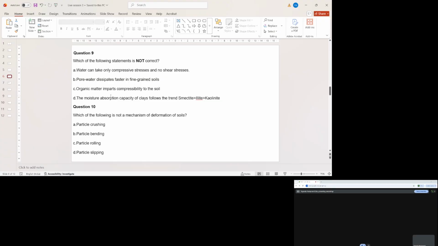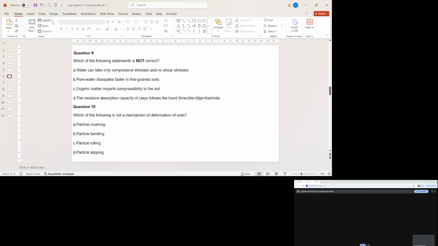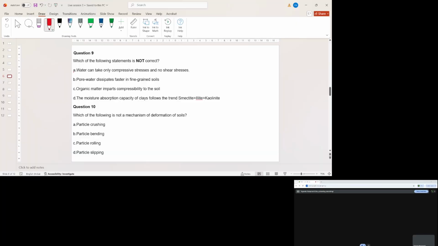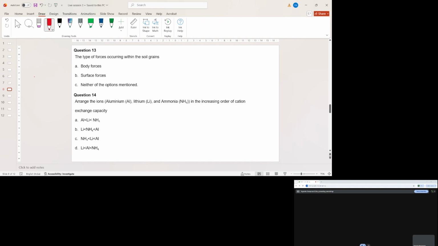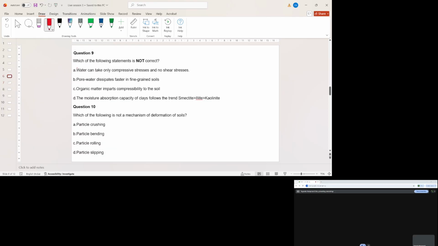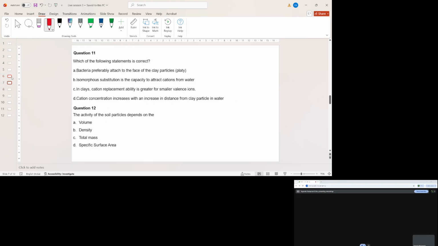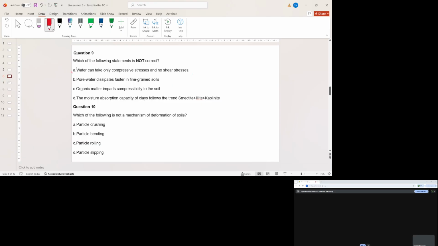Water can take only compressive stresses and no shear stresses. This statement is true, because water does not take shear stresses.